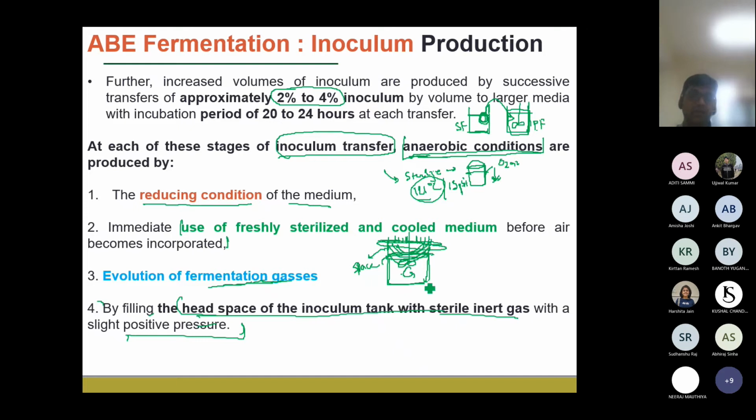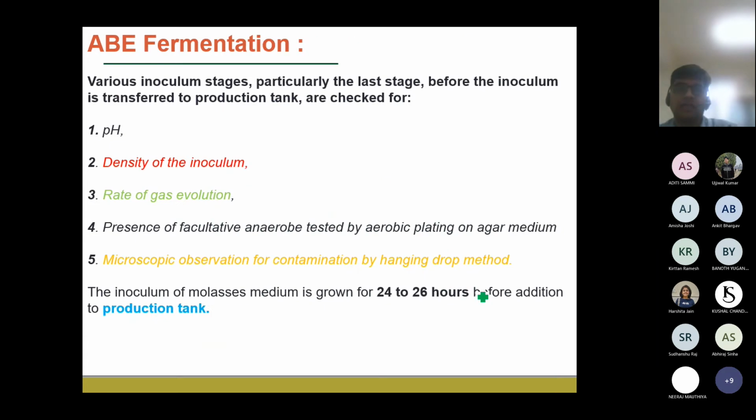So to make sure that we have anaerobic conditions during the transfer, the open part of the tank is filled with inert gases such as nitrogen or argon. After this, there are several stages.